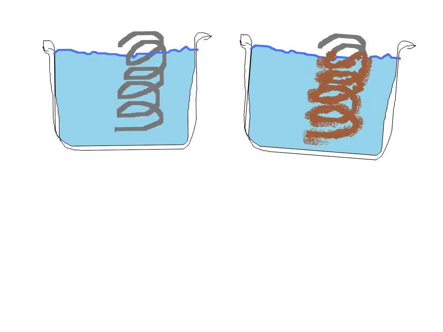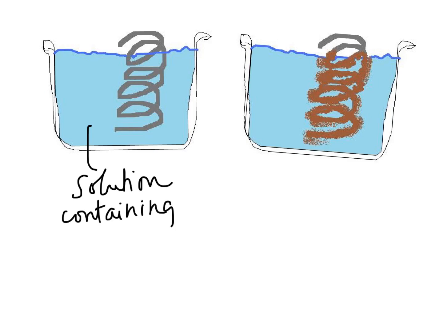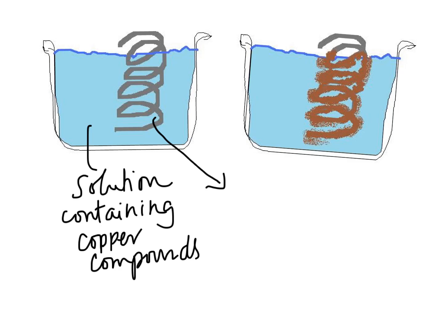What next? So now we have the solution containing copper compounds. What we can do is use scrap iron, which means wasted iron, which normally is thrown out and not used.